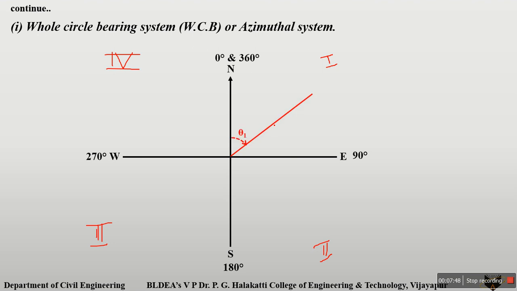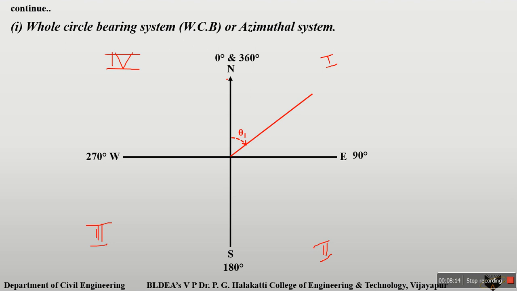First, there is one line present in the first quadrant, that is, between north and east. In that condition, this is whole circle bearing and prismatic compass, so the bearings are measured with respect to the north direction only. We are measuring it like this.